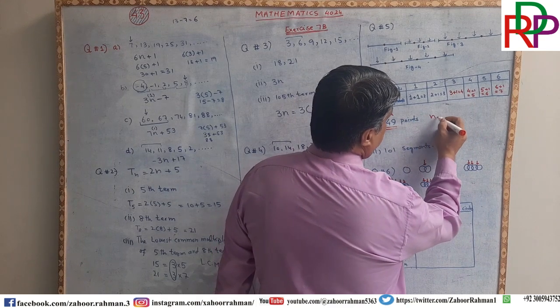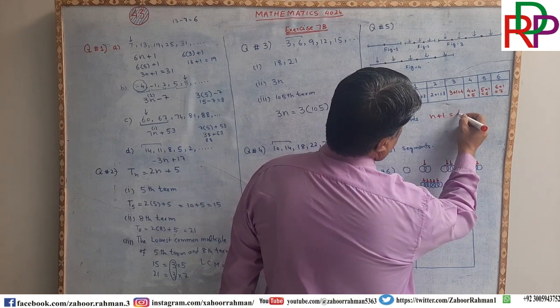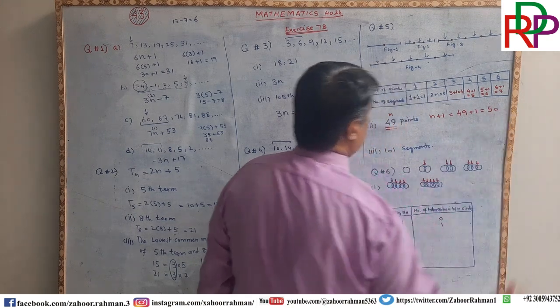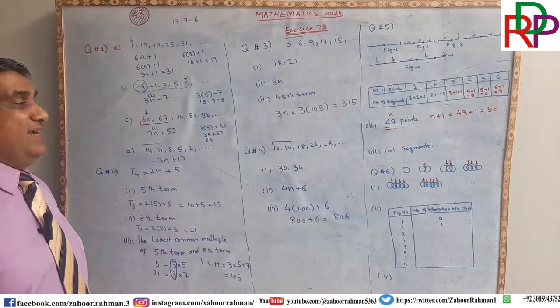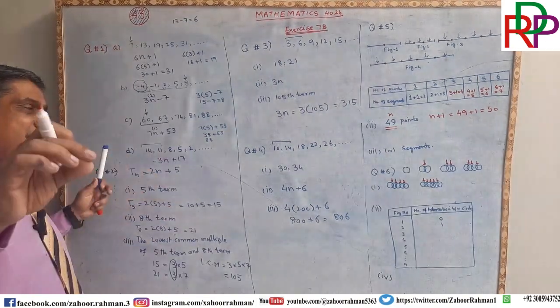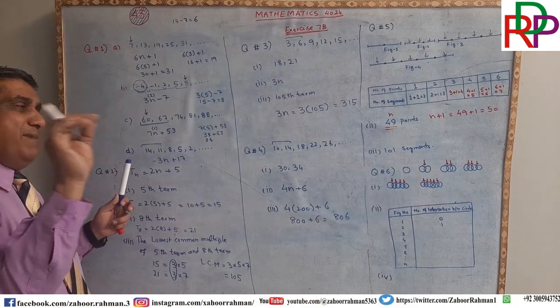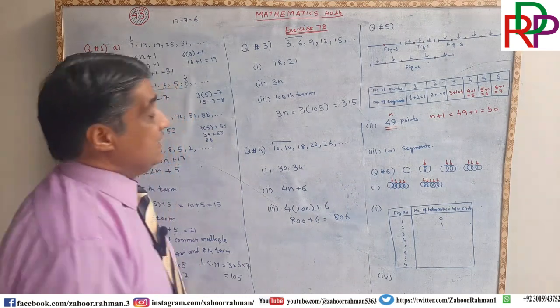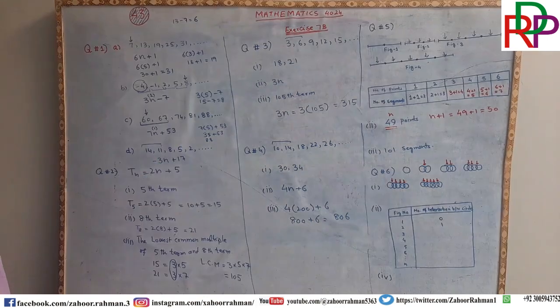So n plus 1 means 49 plus 1, which will be equal to 50. If there are 49 points on a stick made by a person, how many segments will you get? 50.